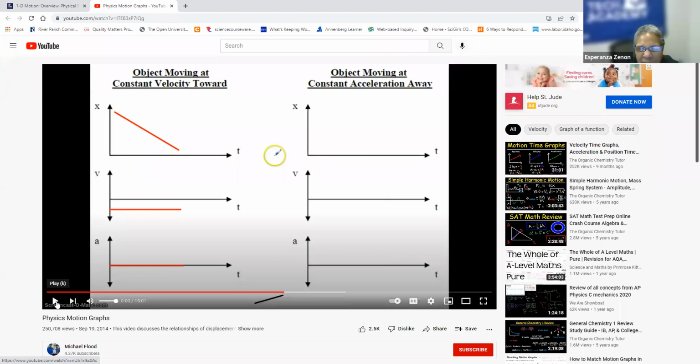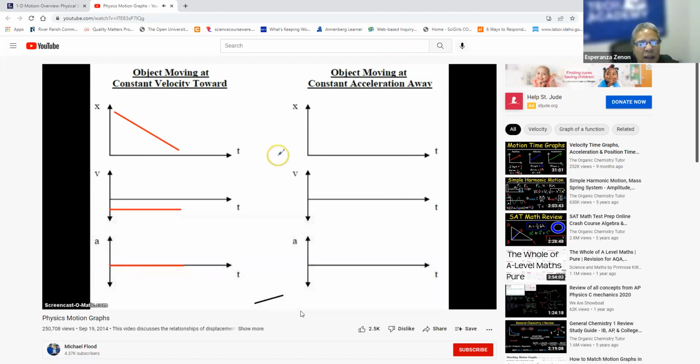Those 5 equations relate to these next 2 sets of graphs. So if you took those 5 equations that I covered on Tuesday and you graphed them, you would get these next 2 sets of graphs. Okay.